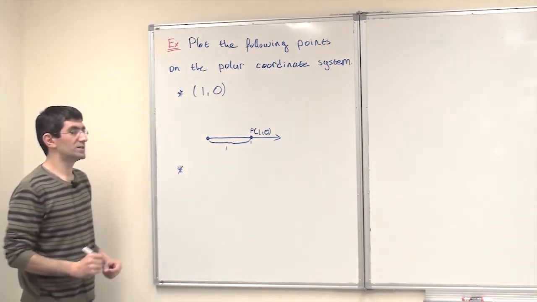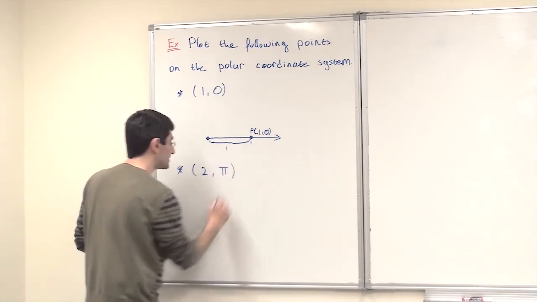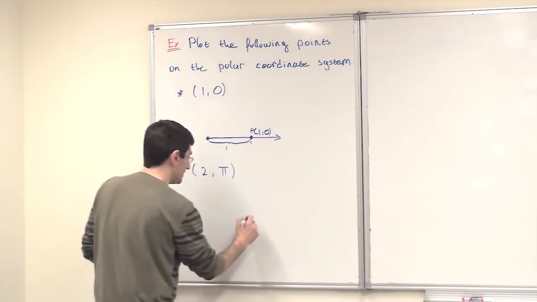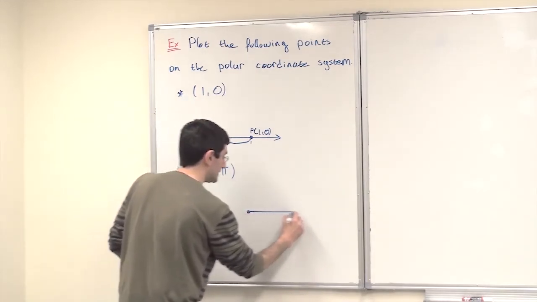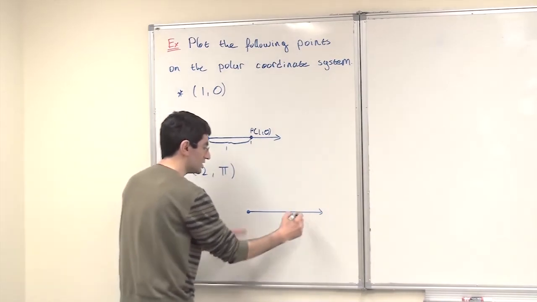The next point we will sketch is 2, pi. So this means our distance to the origin is 2.